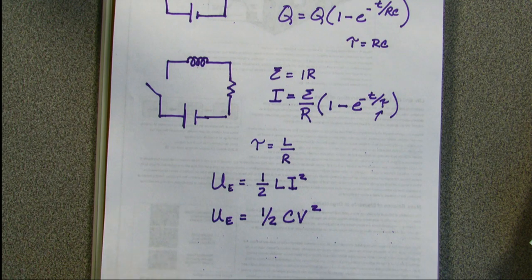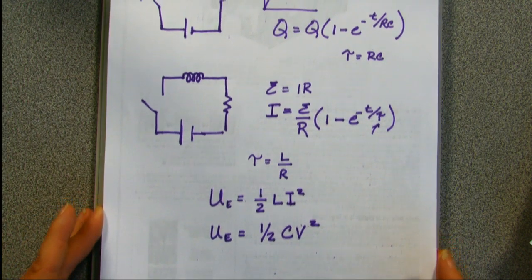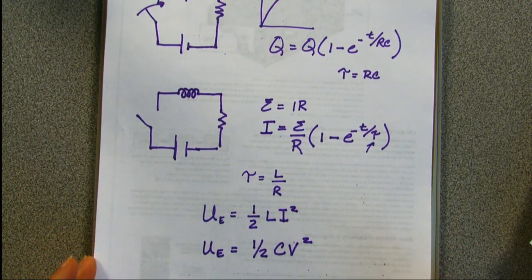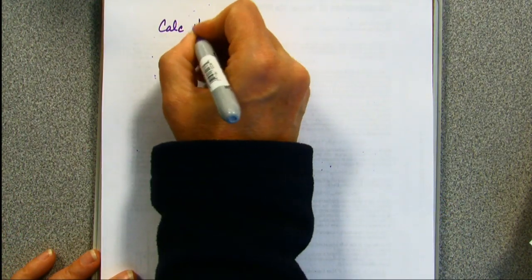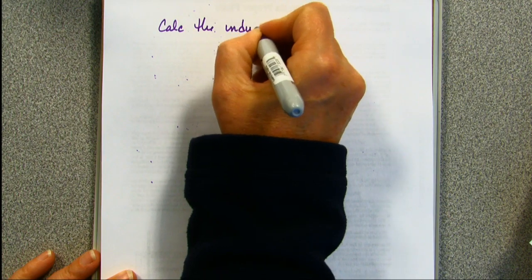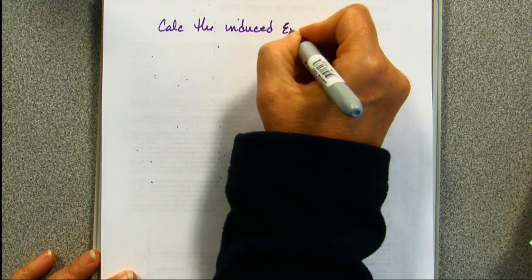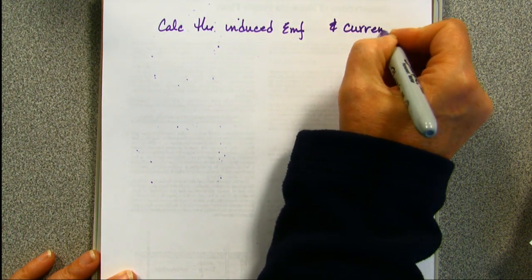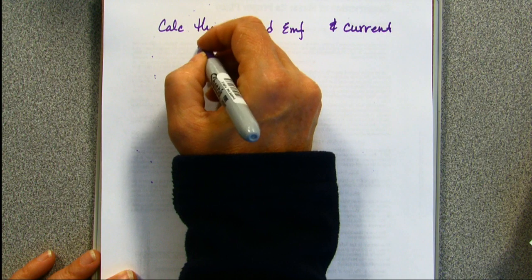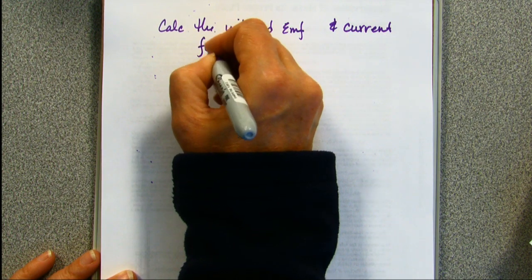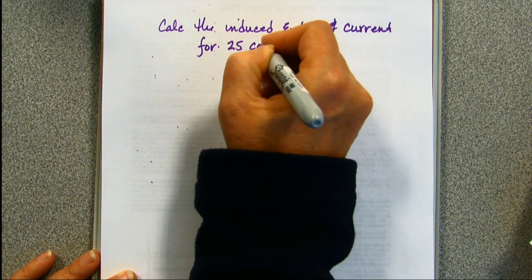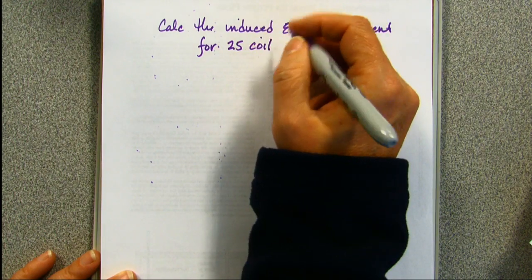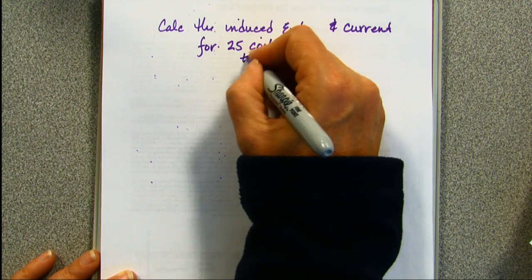So let's do a couple problems here. We want to calculate the induced EMF and current for a 25 turn coil.